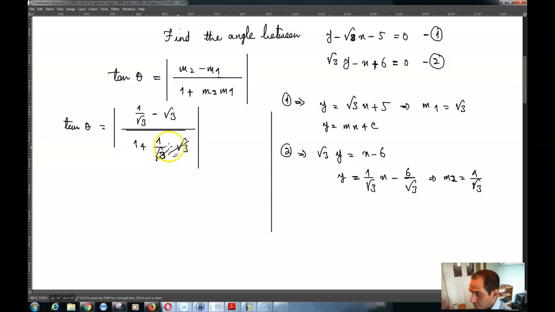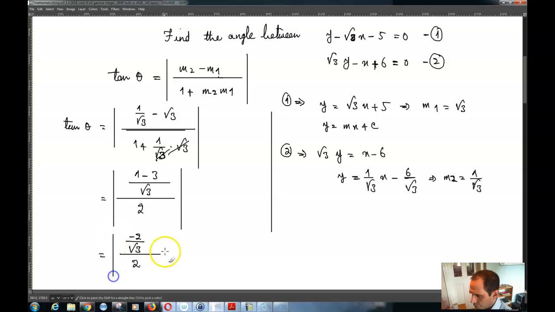You'll get a 1, and 1 plus 1 is equal to 2, so your denominator is 2, and your numerator is square root of 3 and 1 minus 3, so over 2, and that is equal to negative 2 over square root of 3 over 2.